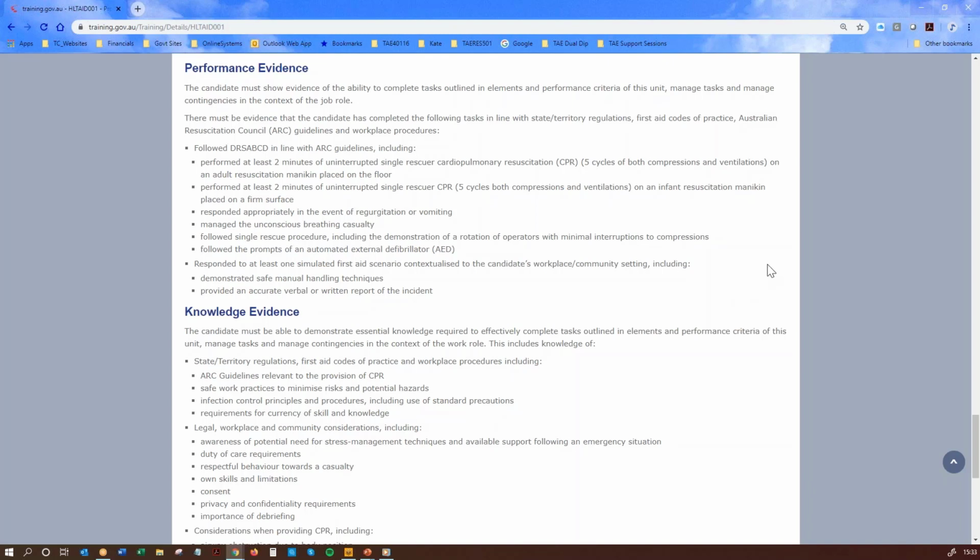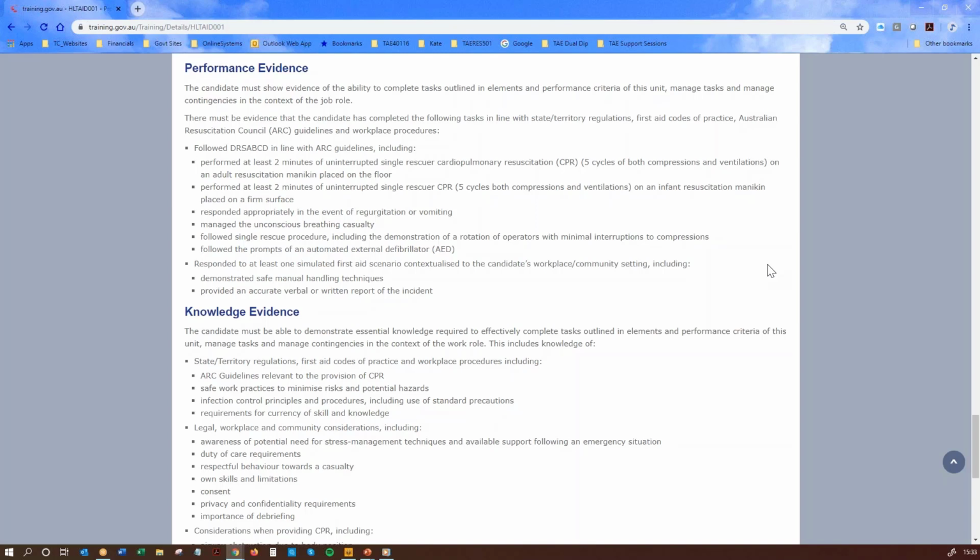So if you only assessed someone on an adult mannequin and you didn't assess someone on an infant mannequin as part of your assessment process for this CPR unit of competency, then your evidence would not be complete. So you wouldn't be able to deem someone as competent. They have to show you everything in this assessment requirements section of the unit of competency.